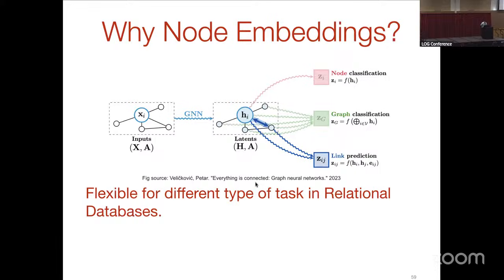And this representation of node embedding vectors or latent vectors of nodes in a graph give us flexibility to perform all kinds of tasks that I've seen in Carol's presentation on node level, link level, graph level. So for node and link level, you can just take one node or two endpoints of a link, or you can just do a pooling over the entire graph. And you can do many different type of tasks once you have a representation of nodes on the graph.